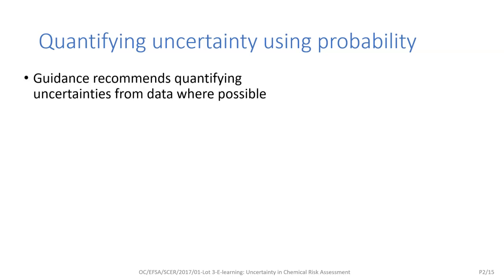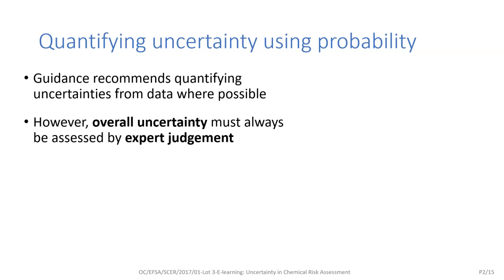Of course, it's good to calculate probabilities from data when suitable data are available. However, overall uncertainty must always be assessed by expert judgment because there are always some uncertainties that cannot be quantified from data.